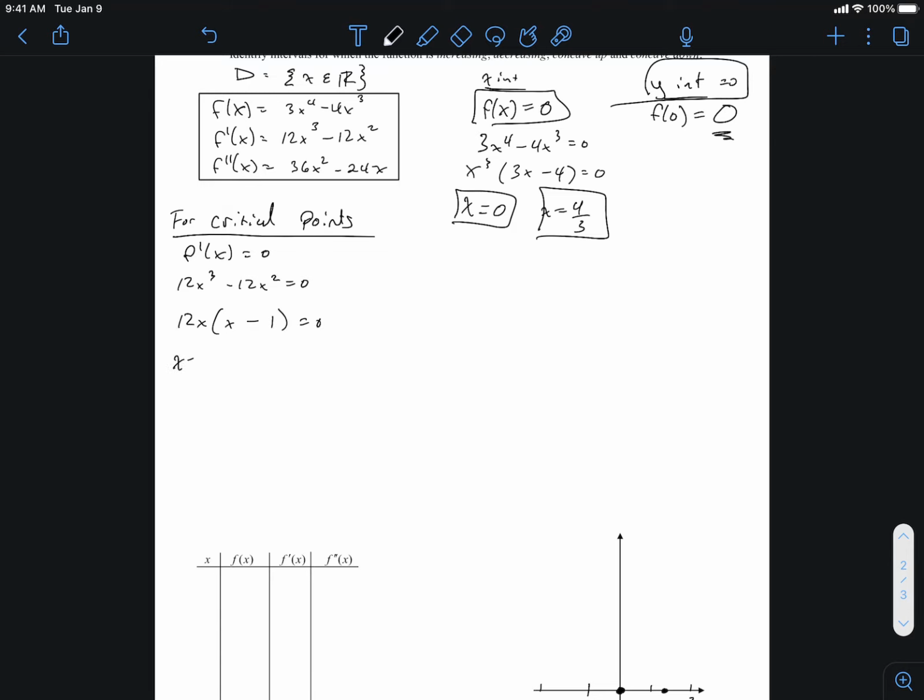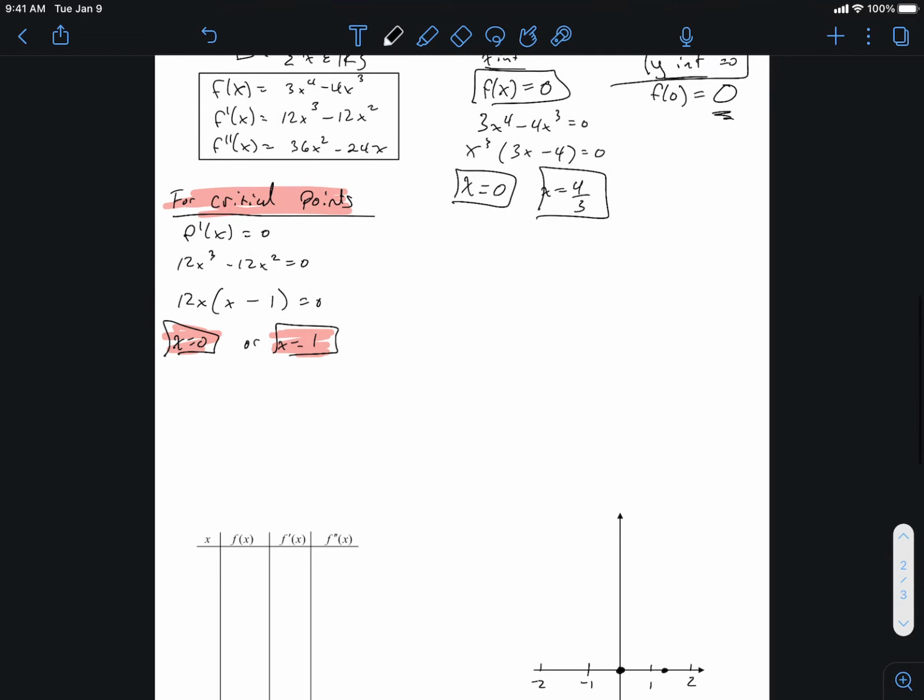So we get x equals 0 and x equals 1. Okay, so here are 2 critical points. We could even highlight this so that we can signify where we're getting all this information from. So we know that there is a critical point at x equals 0, and a critical point at x equals 1.